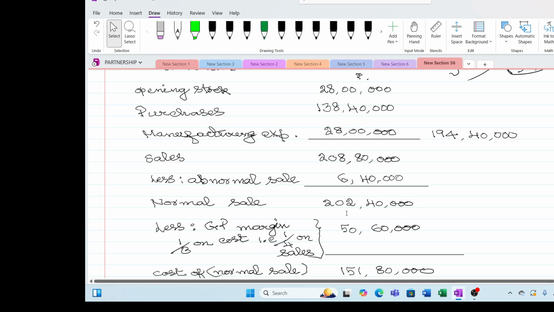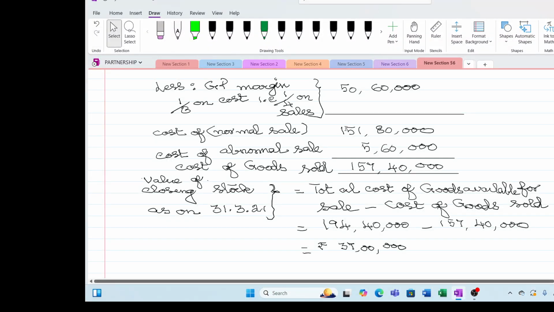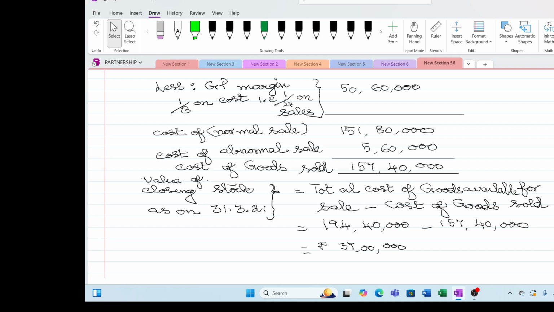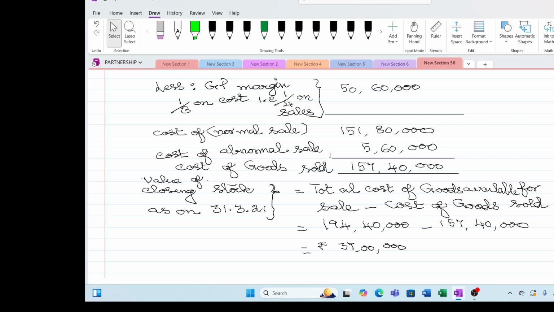The remaining goods were sold at a price of 202 lakhs 40,000. Out of this, the gross profit margin was 1 by 4 or 25%. If we remove the gross profit margin, we get the cost of goods which were sold at a normal percentage of gross profit margin. For the abnormal sale, what is the cost? They have already given the original cost and the amount written off till the beginning. So we got the item which was sold, the cost of that item is 5,60,000.